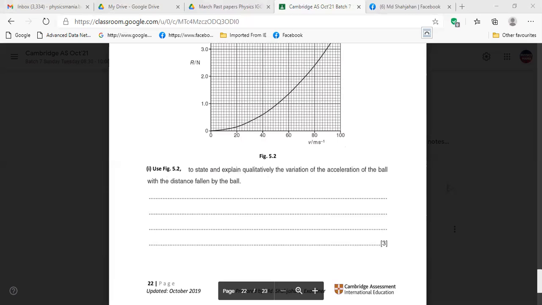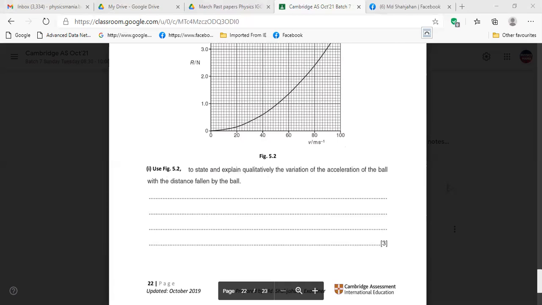Okay, so we are done with part B1, right? Now we'll go to part B2, where we are calculating the acceleration.